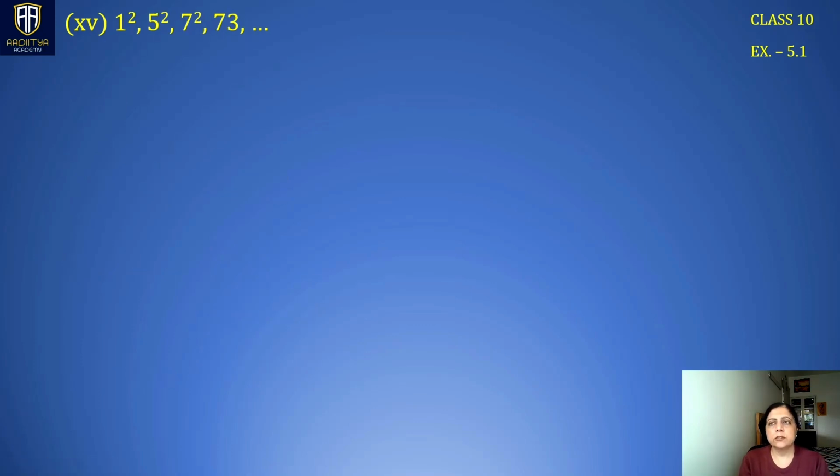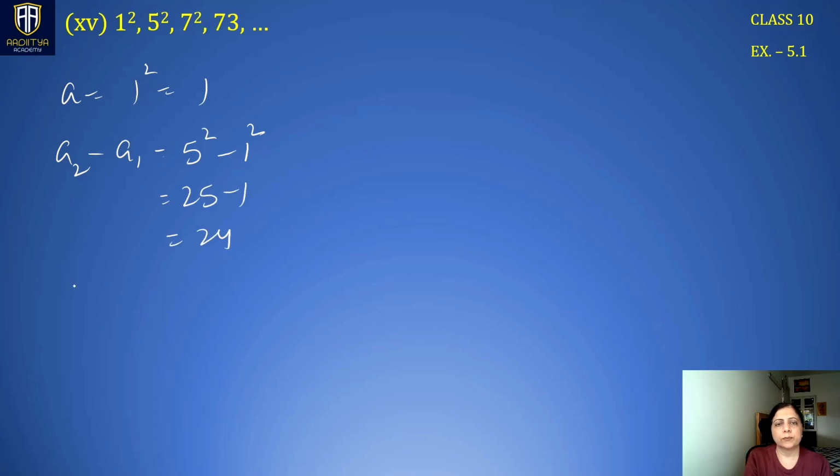And the last question in this exercise is 1 square. Here 3 numbers are in squares and this is 73. Okay, let's see. A is 1. 1 square is 1. A2 minus A1 is 5 square minus 1 square, 25 minus 1, which is 24.